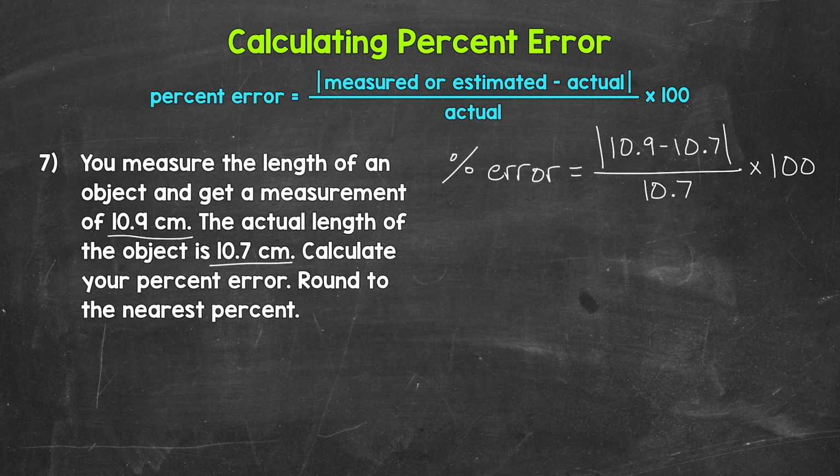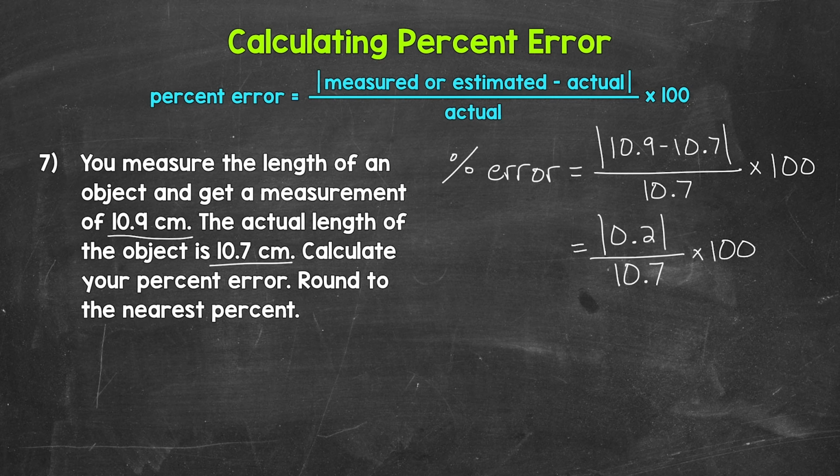And now we can work through this, starting with the subtraction. So we have 10 and 9/10 minus 10 and 7/10. That gives us 0.2, 2/10. And we need to divide that by the actual value times 100.